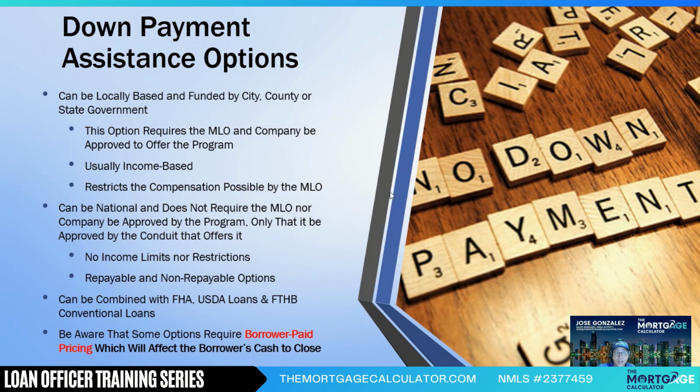And the whole idea of the down payment assistance is lower out of pocket costs for the borrower, not so much the overall interest rate, but just they have very limited resources to get into the home. So that's the objective here.